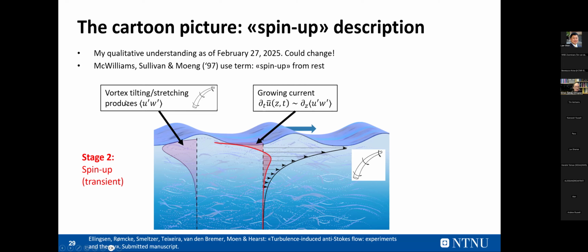And what occurs then is that you get a Reynolds shear stress growing, which, when you look into the Reynolds averaged budget, you get a growing Eulerian mean current, which has roughly this kind of shape.